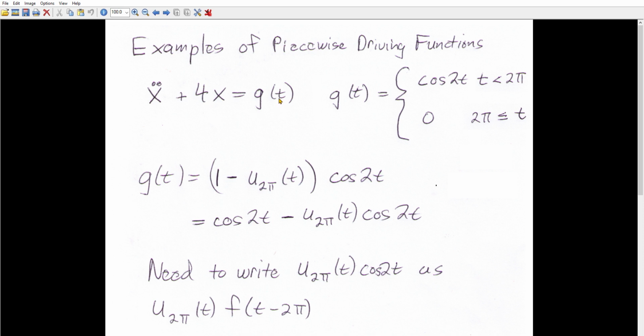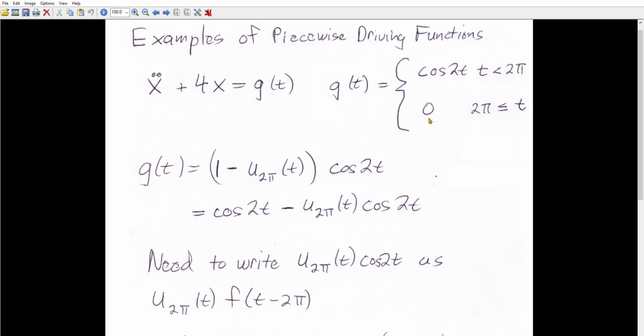G of t is going to be cosine of 2t when t is less than 2 pi, and it's going to be 0 when t is bigger than or equal to 2 pi. Notice that this is a discontinuous function because at 2 pi, the cosine of 4 pi is 1, and at 2 pi, this is 0. So there's a jump discontinuity at t equals 2 pi.